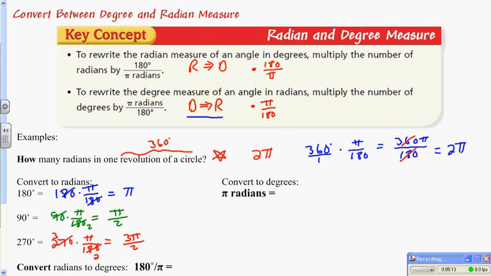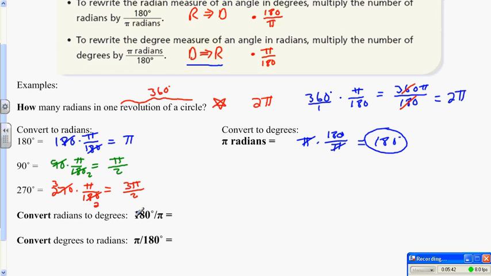How do you go from radians to degrees? Well, if I have pi as my radian measurement, I'll take that times 180 over pi, and that gives me 180 degrees. I'll finish with one comment at the bottom of here.